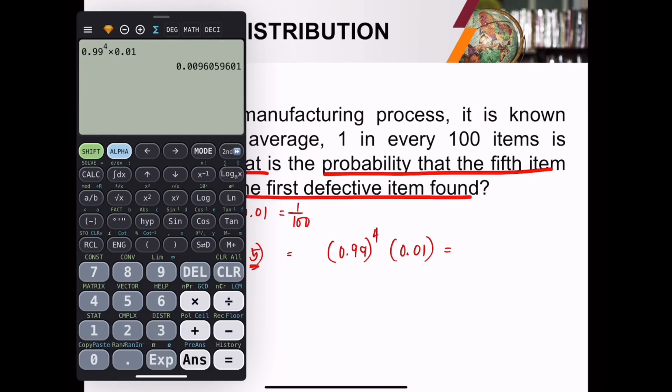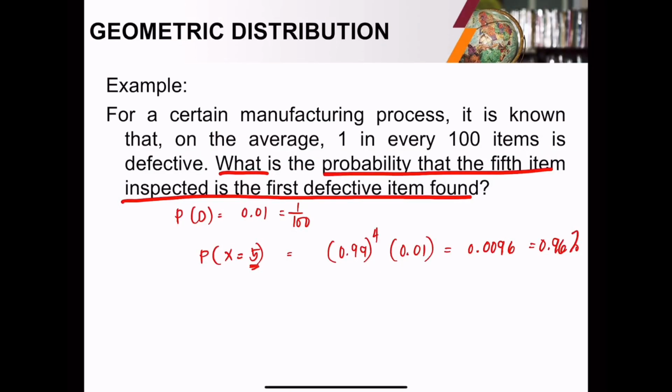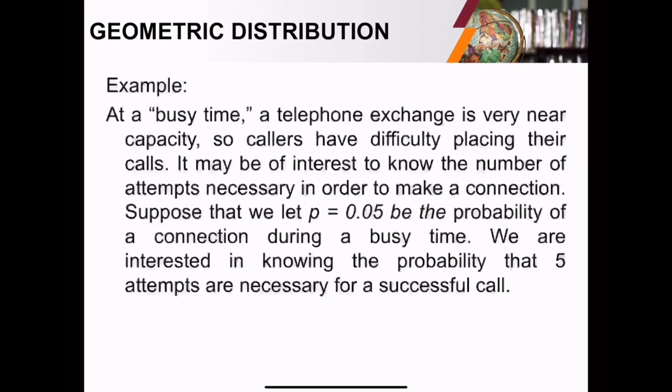We get a probability equivalent to 0.0096, or simply 0.96%, right? In percentages, that is the probability that we will have a defective item in the first 5 items that we took.